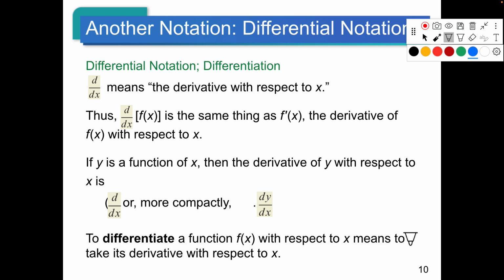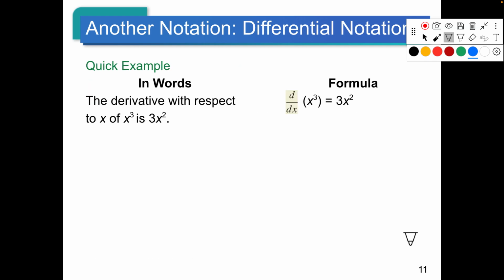Or maybe we're doing circles, and so we've got volume, dv dr. So sometimes it's helpful when we've got multiple variables going on. But we're going to stick pretty much with the function notation for this first part, with the exception of a couple of homework problems that have this notation in there. So we don't worry too much about it. We know how to do it. It just says take the derivative of x to the third, take the exponent down, subtract 1 from it. That's what it is.